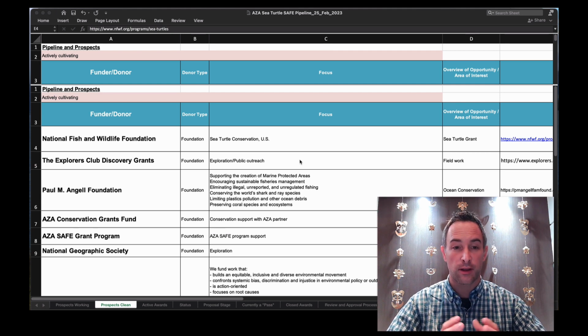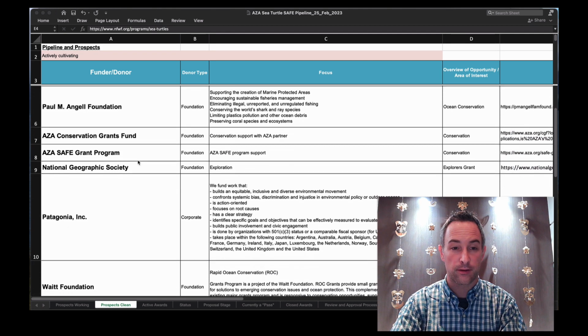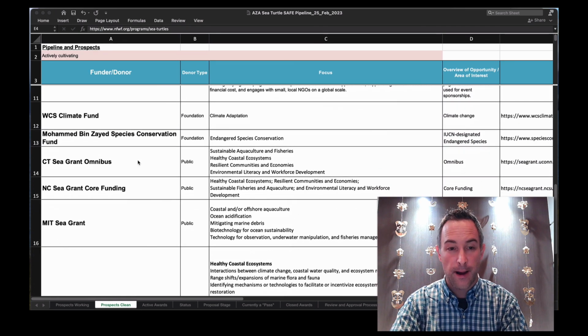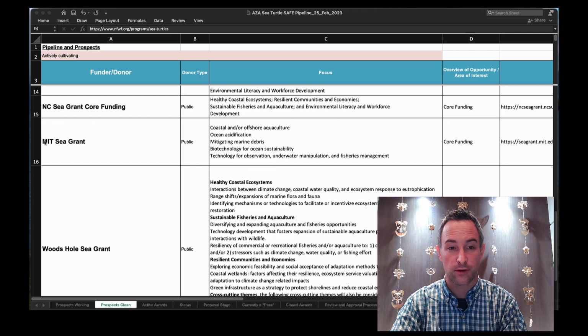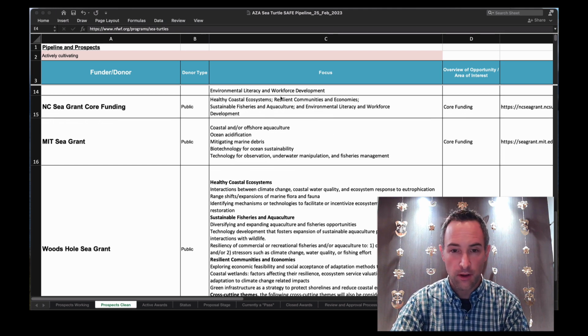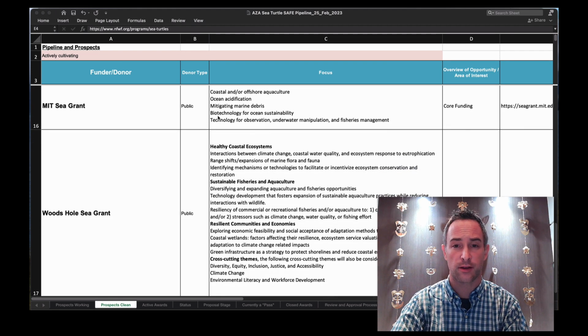So certainly when we look at some of these opportunities, whether these are NSF-based opportunities or others, some are certainly local. So MIT Sea Grant would only really cover a geographic focus in Massachusetts, for instance. Same thing with Woods Hole, and they also often have very specific focal areas.